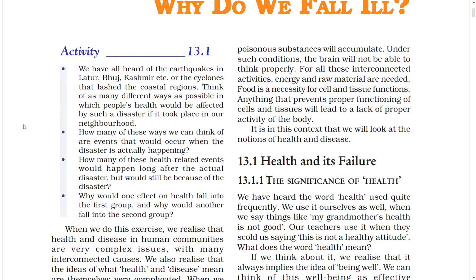How many of these ways are events that would occur when the disaster is actually happening? How many of these health related events would happen long after the actual disaster but would still be because of the disaster? Why would one effect on health fall into the first group and why would another fall into the second group?